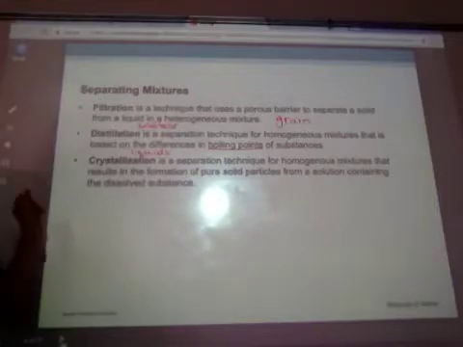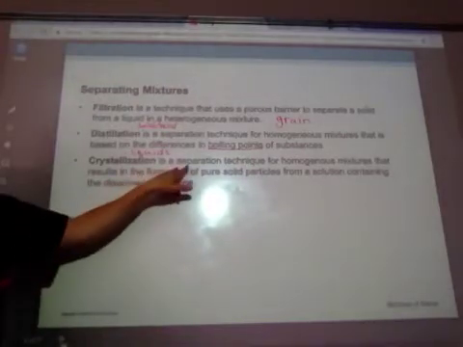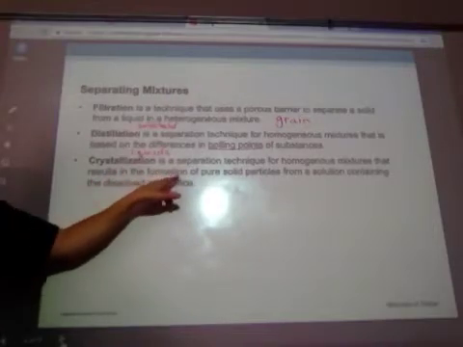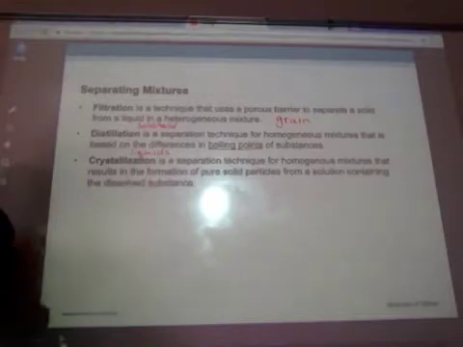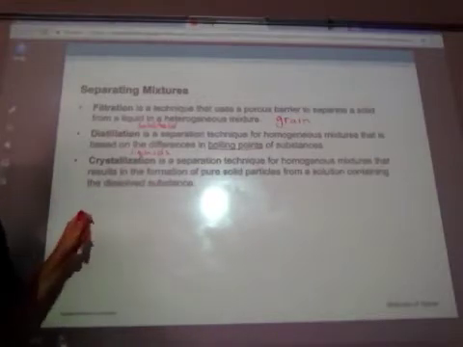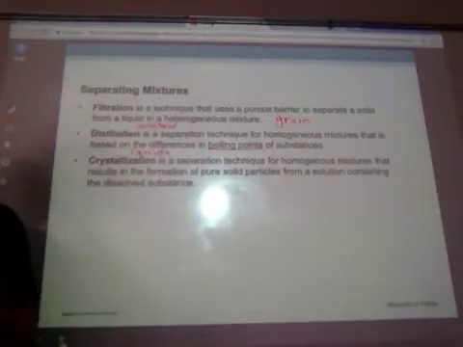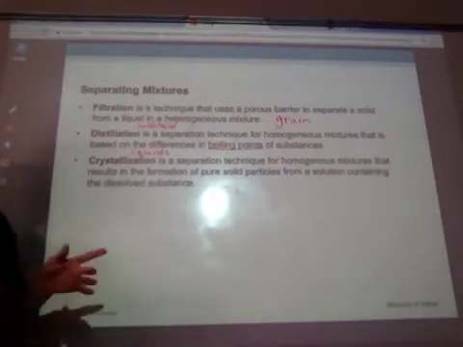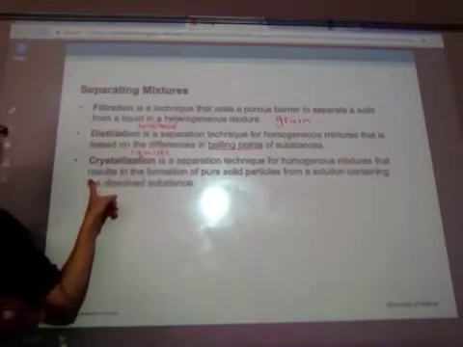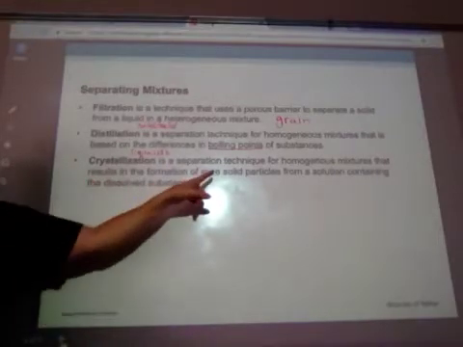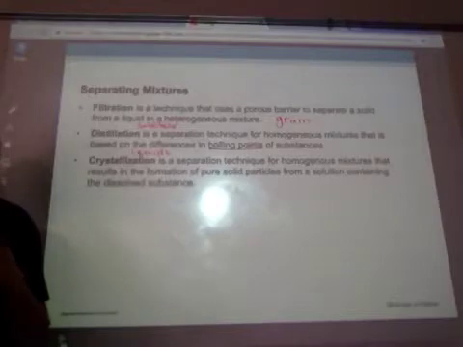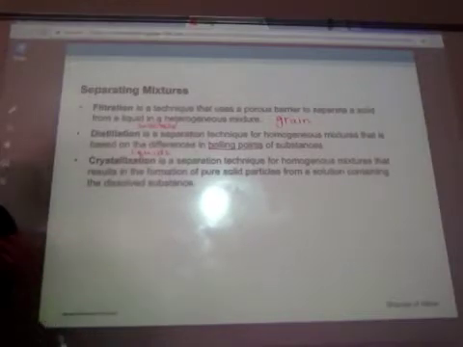Crystallization is the one that maybe you haven't heard about. It's again for homogeneous mixtures, and it forms solid particles from a solution containing a dissolved substance. So a lot of times the solution has to be pretty saturated, but I am going to maybe add something to this mixture that's going to cause these solid particles to form inside of the solution.